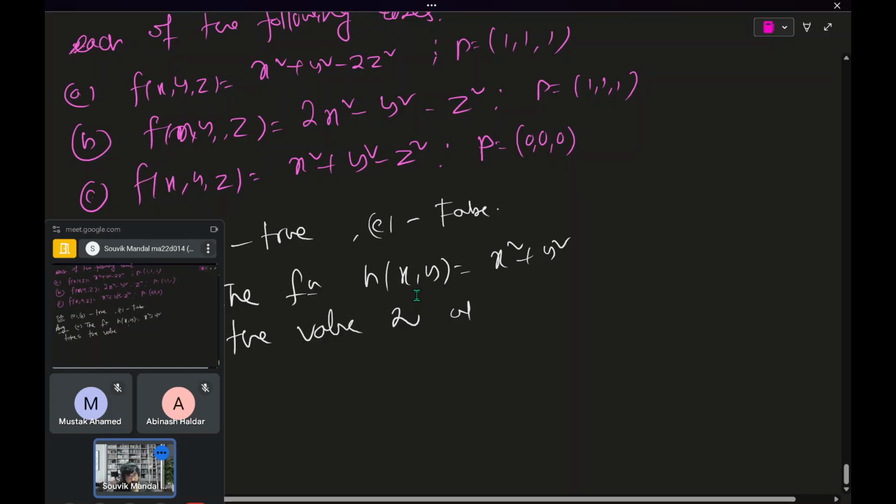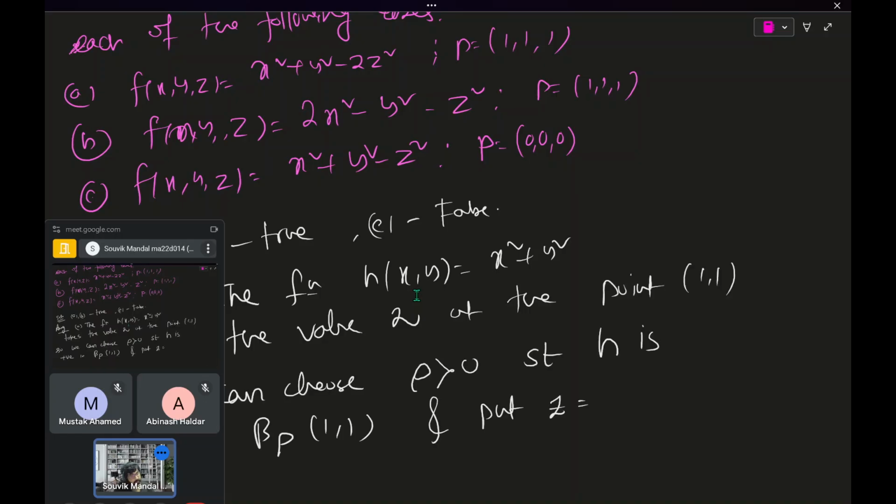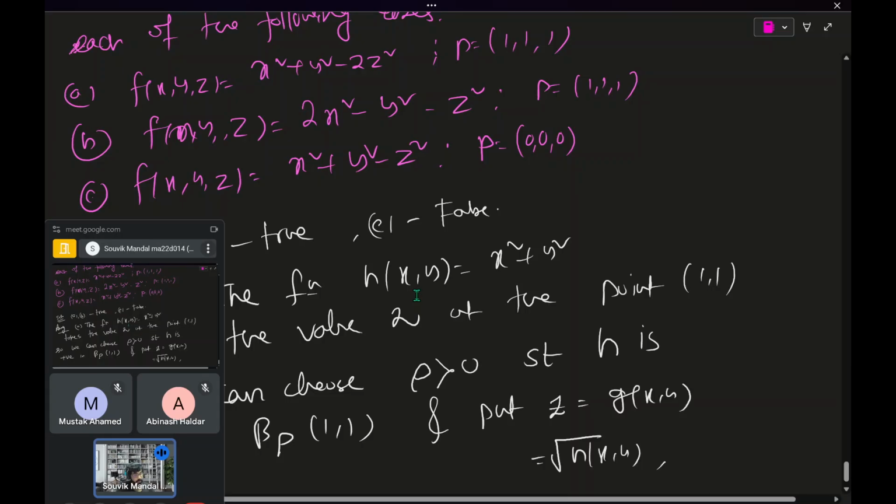So we can choose rho greater than 0 such that h is positive in the neighborhood V of (1, 1), and put z = g(x, y) = root over h(x, y), which is a smooth function in V.